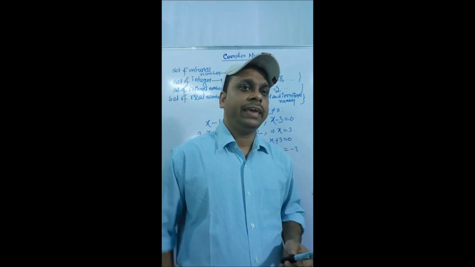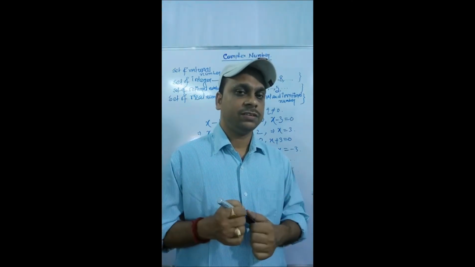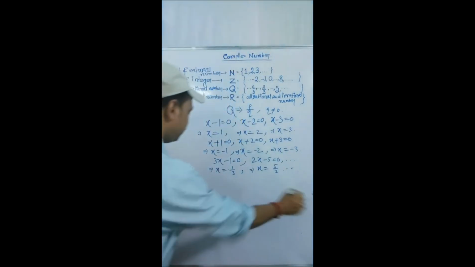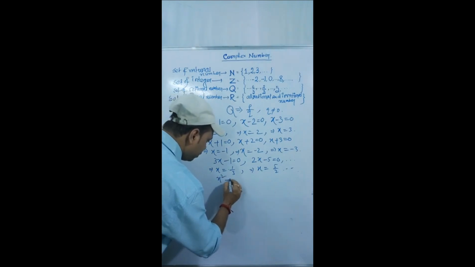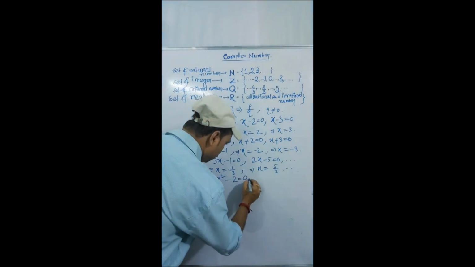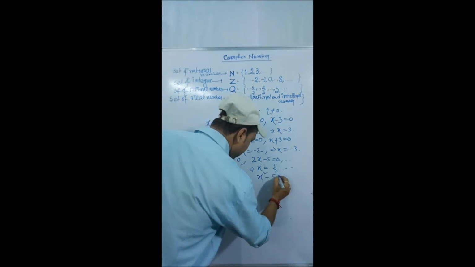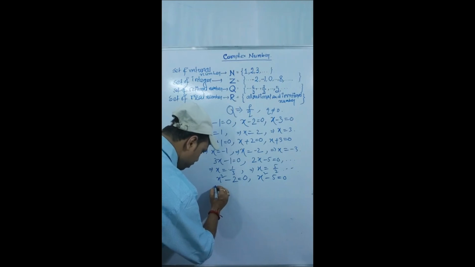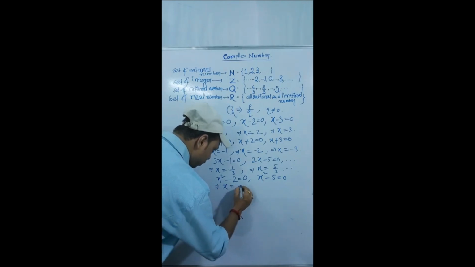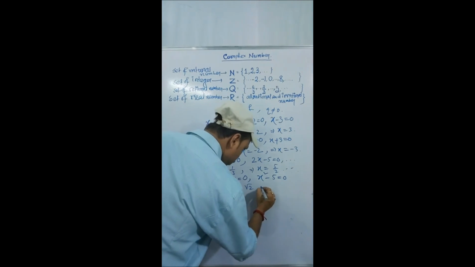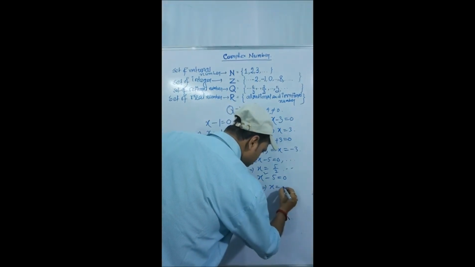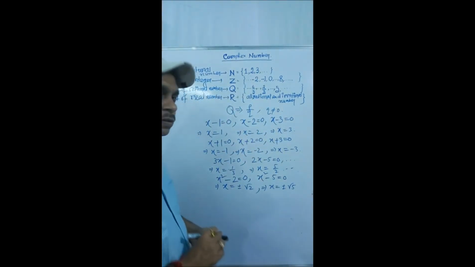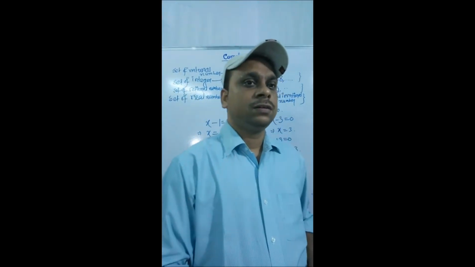Again, when the equations are written in the form x squared minus 2 equals 0, x squared minus 5 equals 0, solving these equations, x equals plus or minus root 2, and x equals plus or minus root 5.